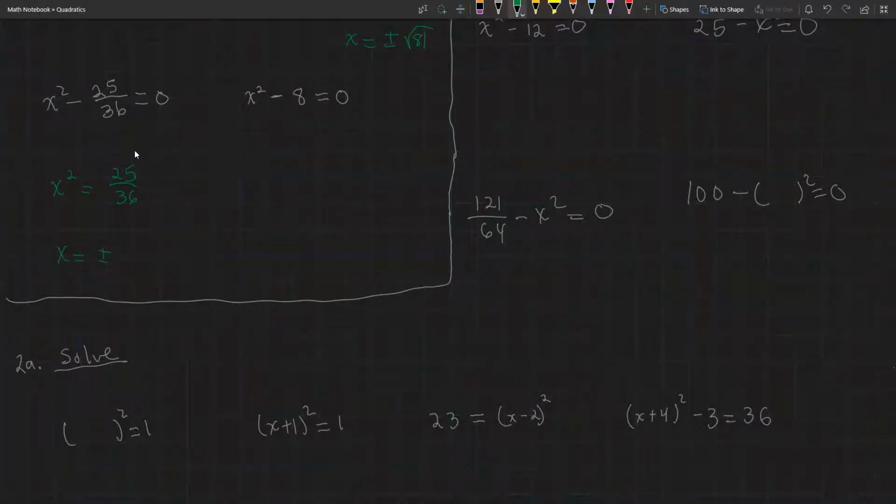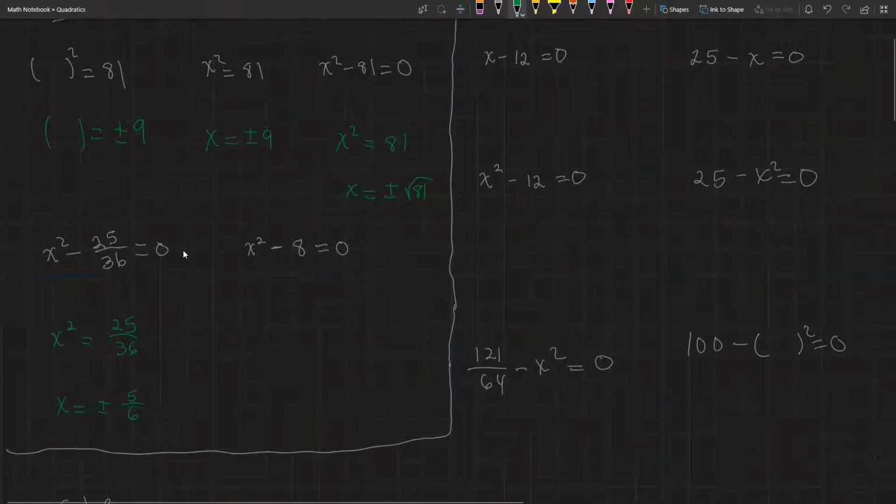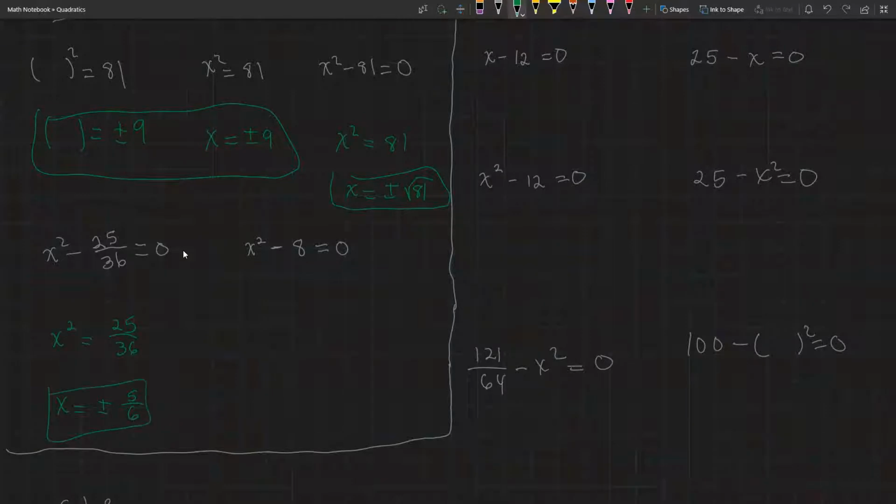Remember, with these fractions we take the square roots individually. What's the square root of the numerator? It is a perfect square, so we can write 5 instead of square root of 25. And square root of 36 is 6. So positive 5 over 6 or negative 5 over 6 are our solutions. And maybe I can box some of these to indicate we're done. Done with this one.